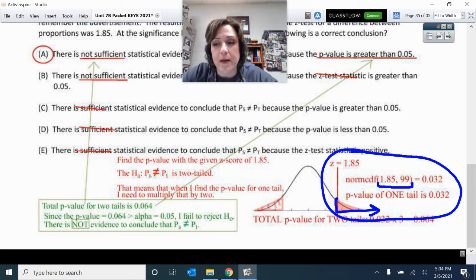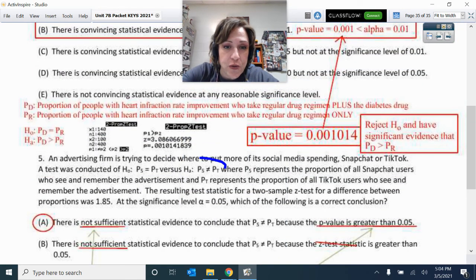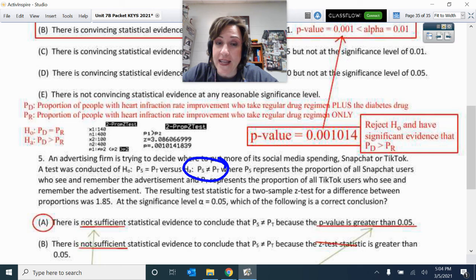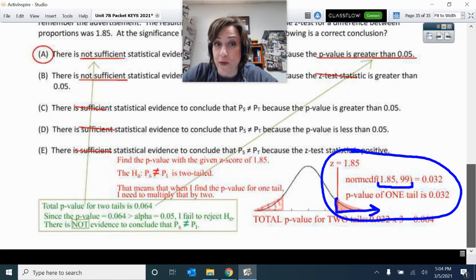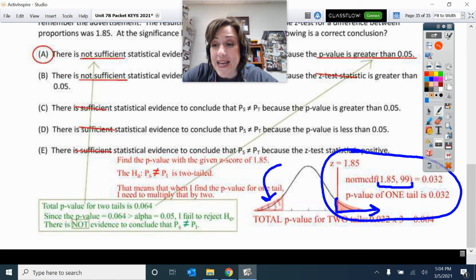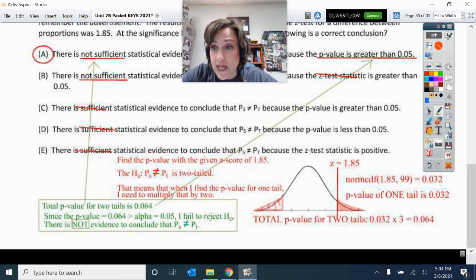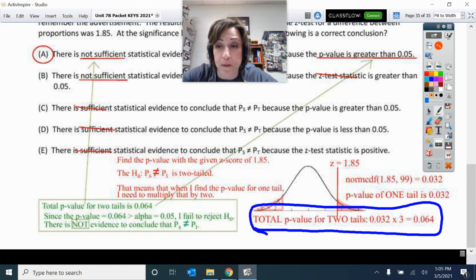But remember, it's a two-tailed test, so I need the p-value of both tails. This is like the other one that you have to put with it. Therefore, the combined p-value of the two tails is 0.064, which is greater than 0.05.